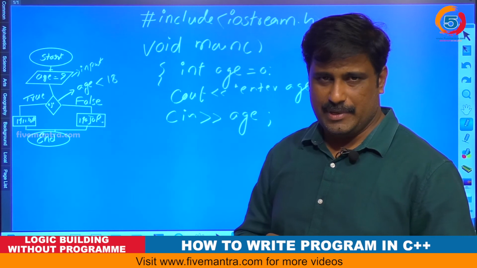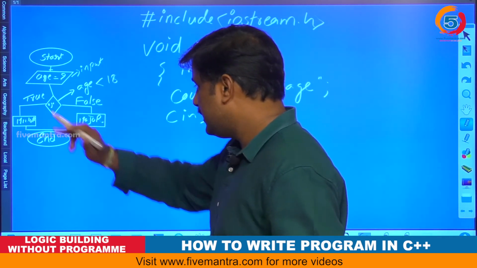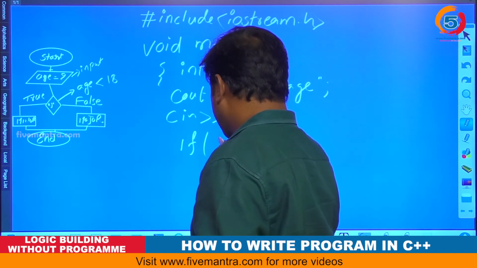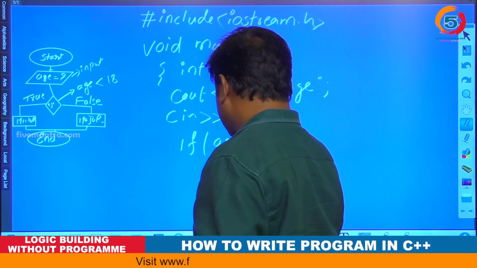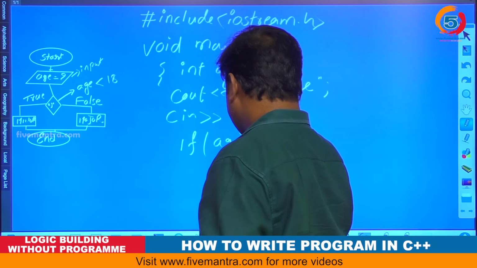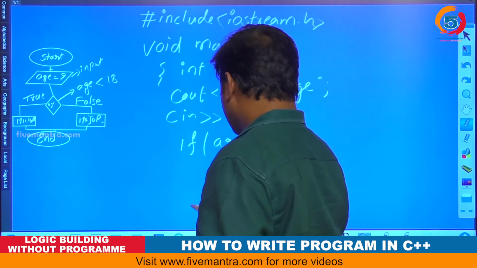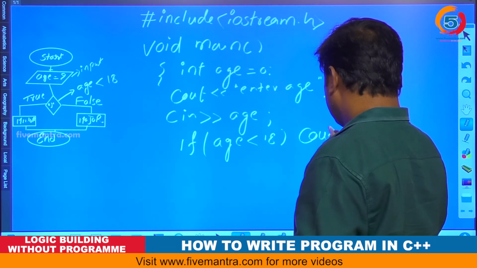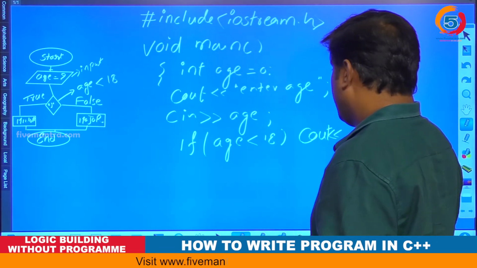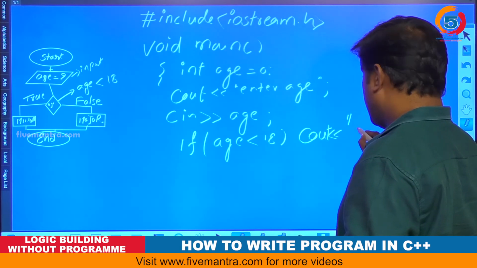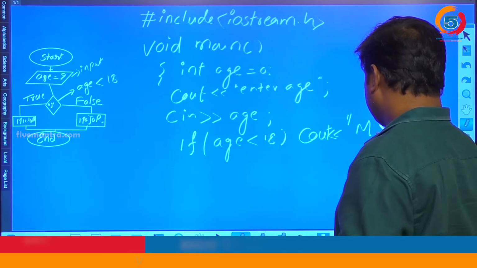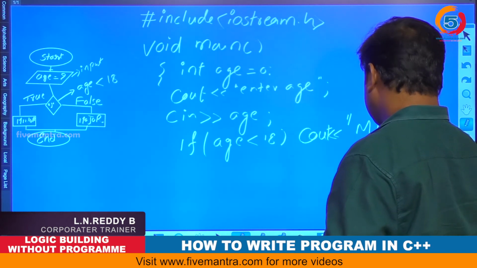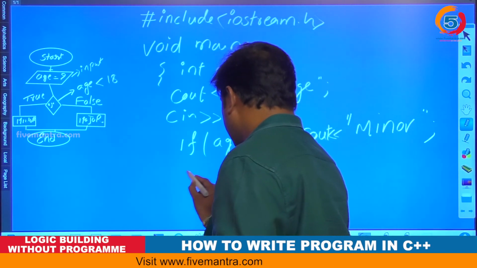Once age is available, what do I have to do? I have to go with the condition, right? If, once again the same keyword, age is less than 18. So when age is less than 18, cout you are minor, right? Directly I can write it here also, but it must end with a semicolon.